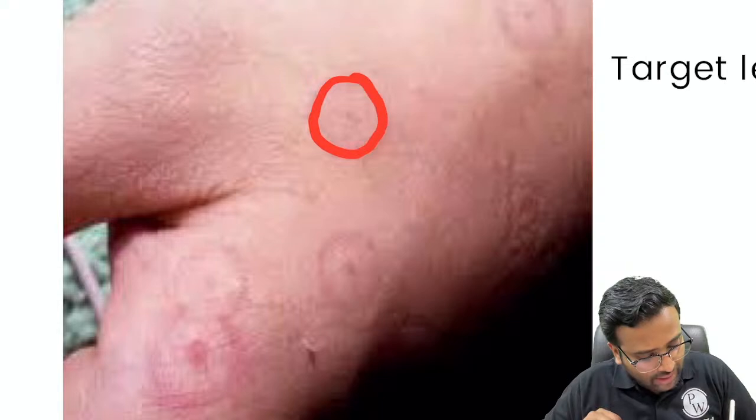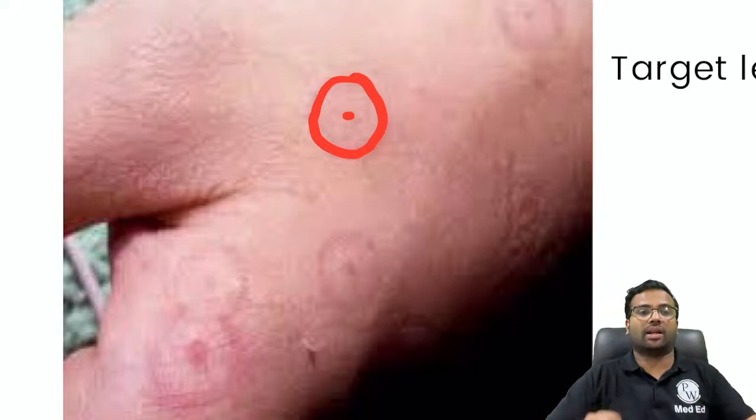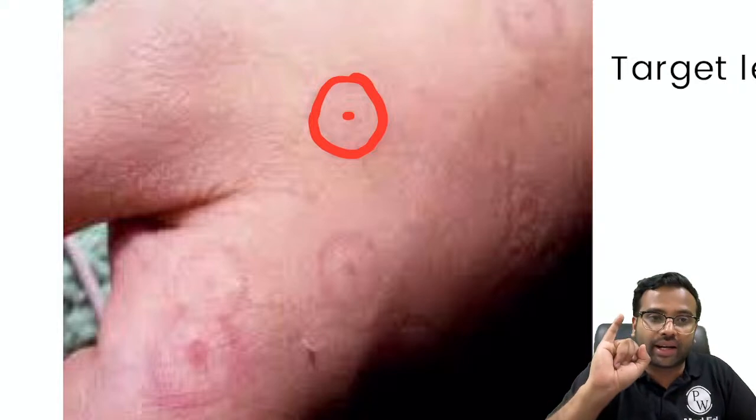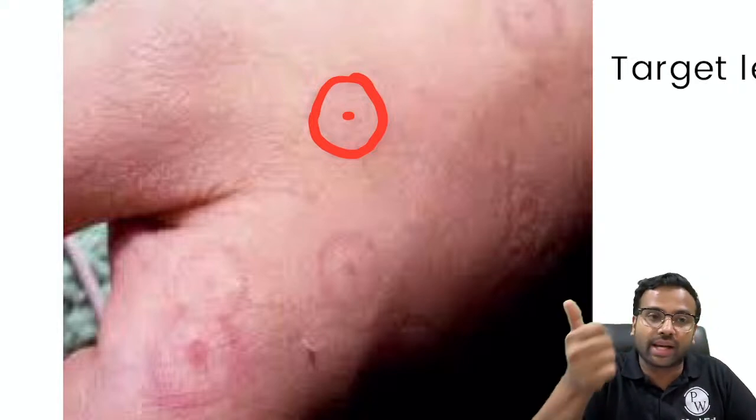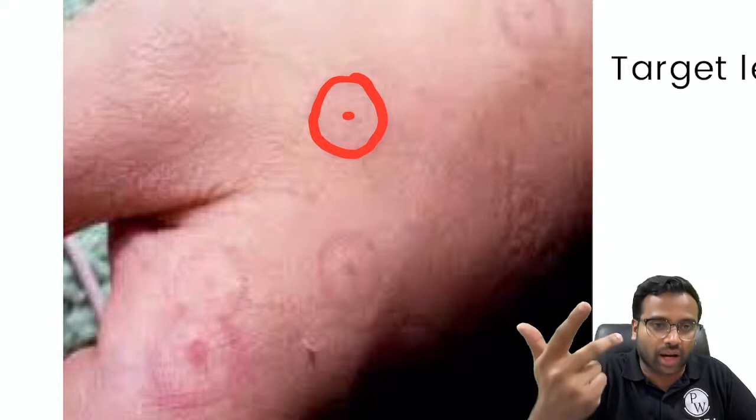What your eyes should be able to see is a patient whose acral skin, the extremities, has something like this. There is a rim of erythema with something in the center as well. So this looks like a target or a bullseye, isn't it? So it is also called a bullseye lesion, iris lesion, or target lesion.